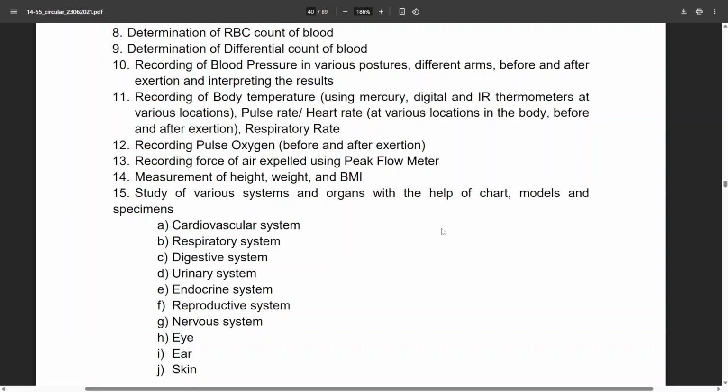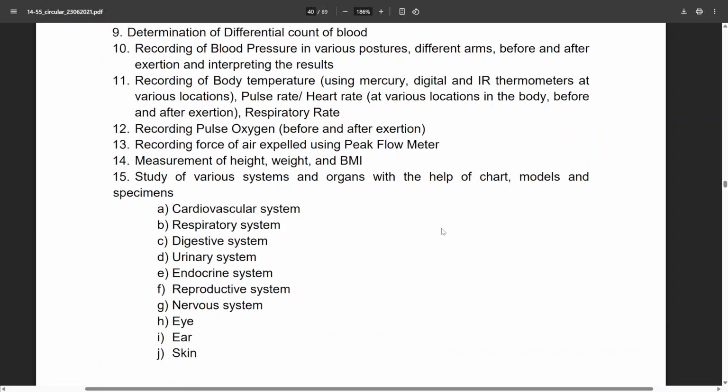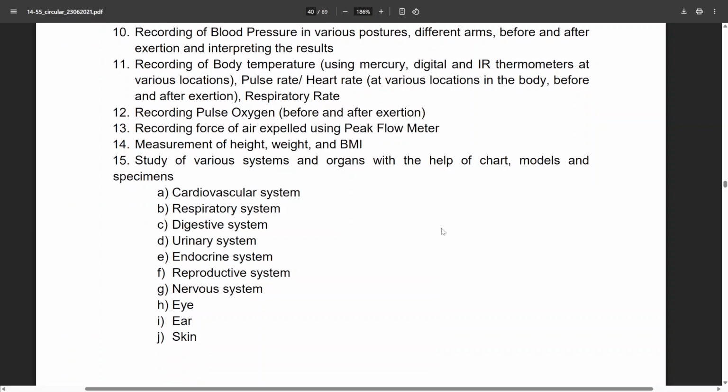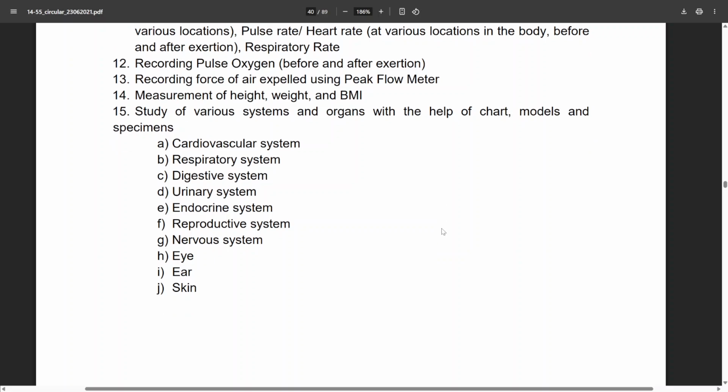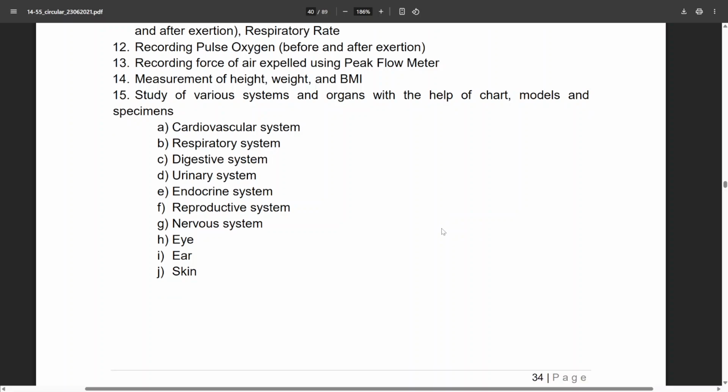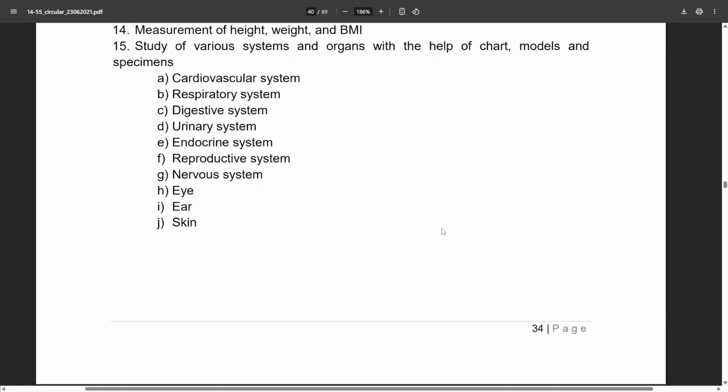Recording of force of air expelled using the peak flow meter, measurement of height, weight, and BMI, study of various systems of organs with the help of charts, models, and specimens: cardiovascular system, respiratory system, digestive system, urinary system, endocrine system, reproductive system, nervous system, eye, ear, skin.